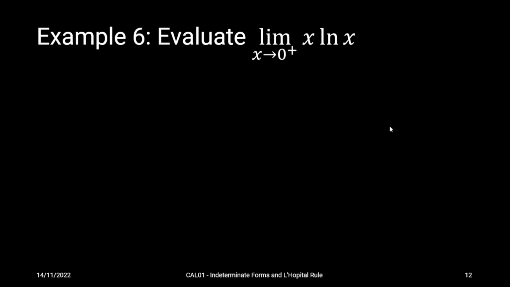No, so just like with this one, we have evaluate the limit of the function x ln x as x approaches 0 from the right. No, so from the right yung ano natin dito. So how can we have this one? So obviously hindi siya f of x over g of x, 'di ba?